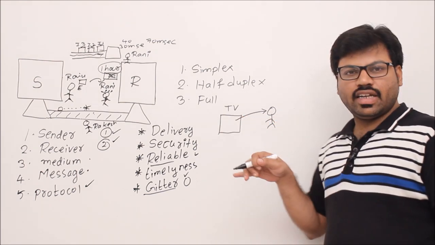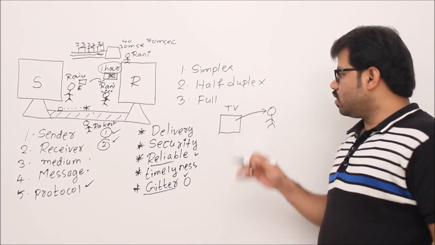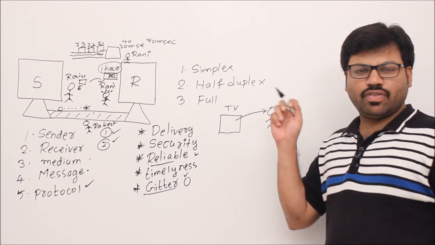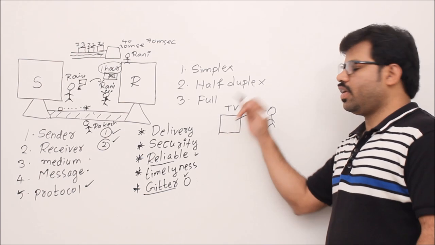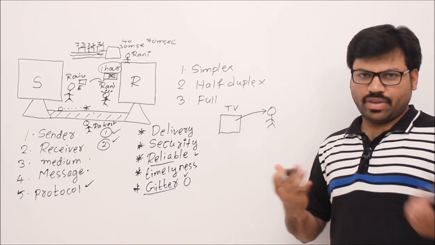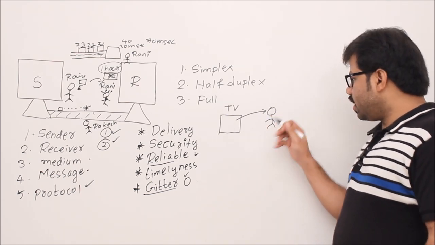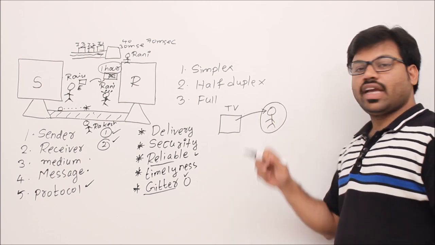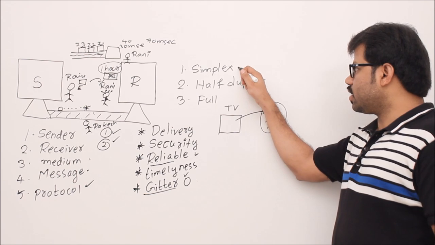If he suddenly shouts, stop, it cannot stop, correct? Of course, forget about the remote. TV versus remote is a different story. I'm talking about the audience without a remote and TV. TV sends some information and he enjoys it. But if this fellow dances, the TV cannot understand and cannot watch, correct? That's why this kind of communication is simplex.